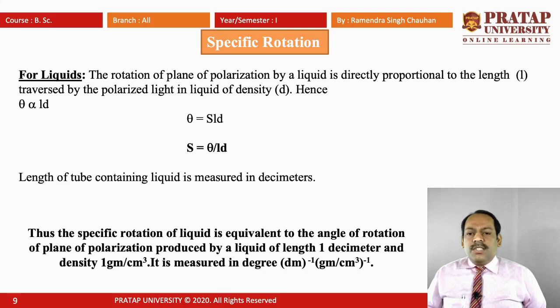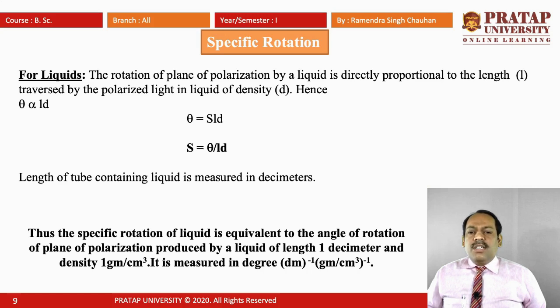So we consider the length in decimeters, because if we take a length in millimeters, that will not give sufficient or measurable rotation of the plane of polarization or plane of vibration. But when we consider the distance in decimeters, dm, then that is effective, and we can observe the rotation of the plane of polarization and plane of vibration.